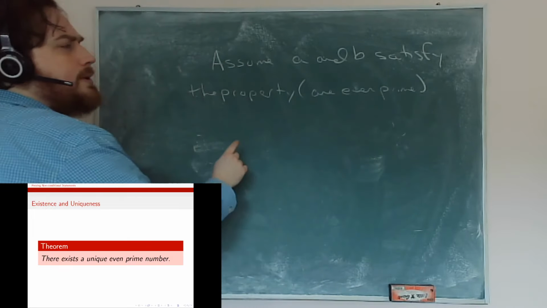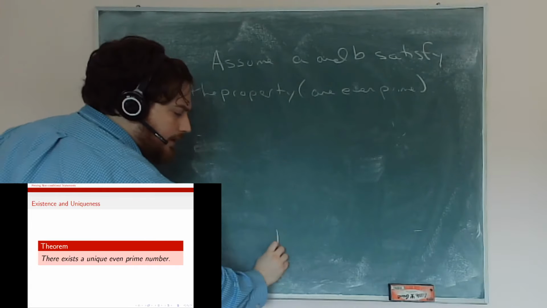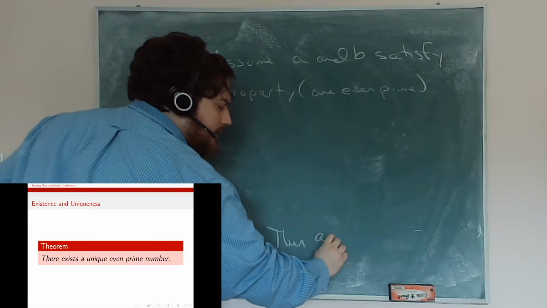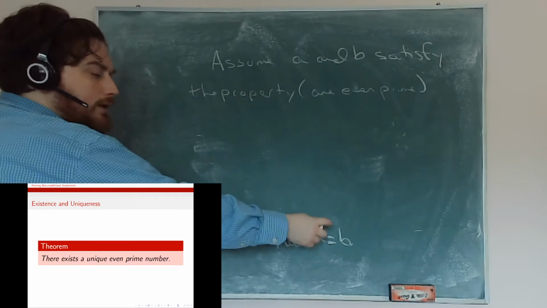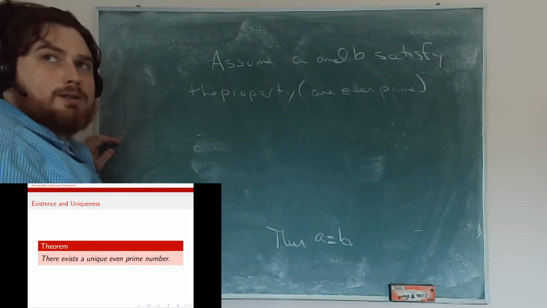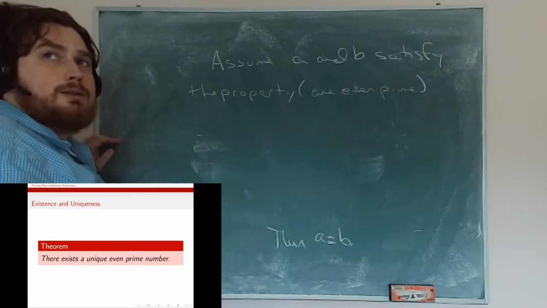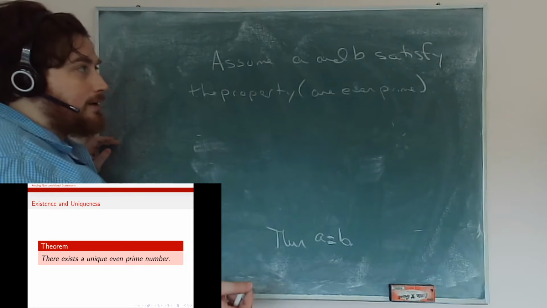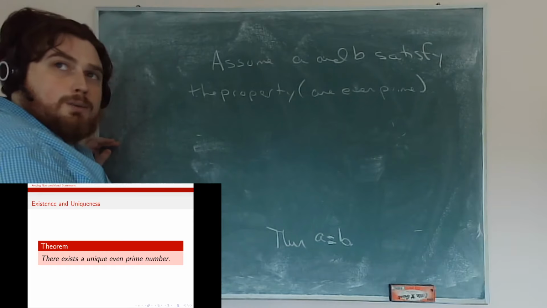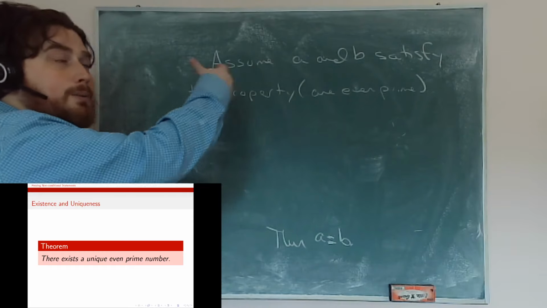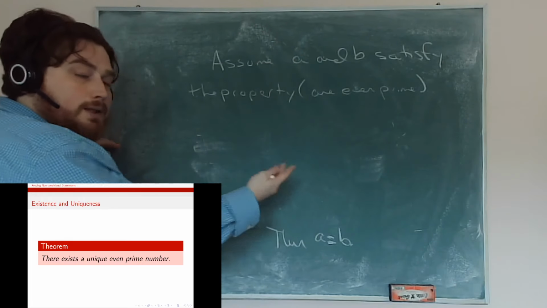What I have to do to show uniqueness is show that then A is equal to B. So that is, if I thought I had 2, they were actually the same thing. So if I have anything else, well, it has to be the same thing. So therefore, there can be only one answer. And so that's how we're going to show uniqueness: we would assume that we thought we had 2, but they're actually the same thing.